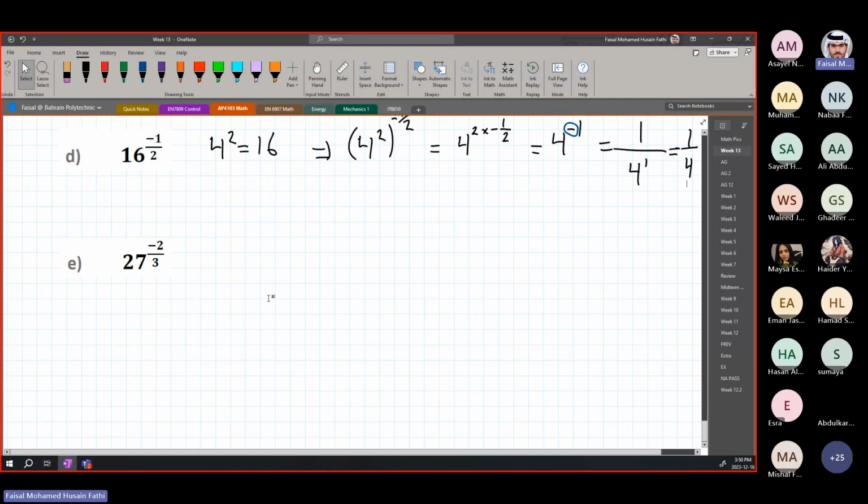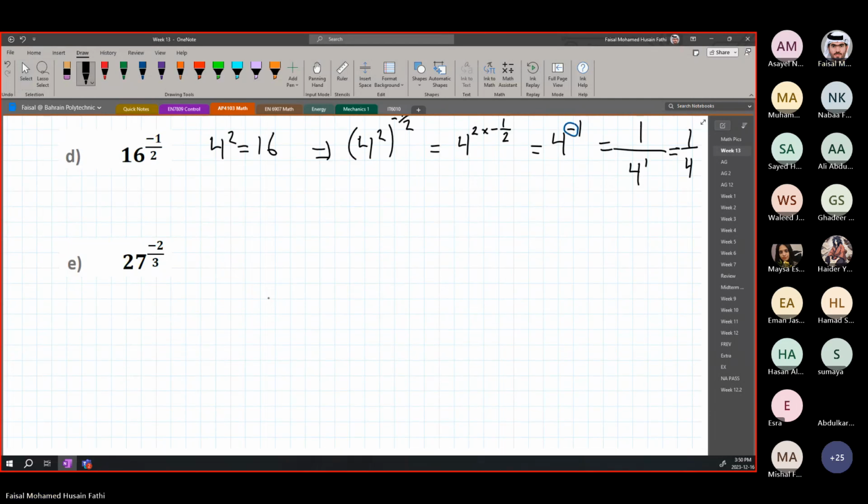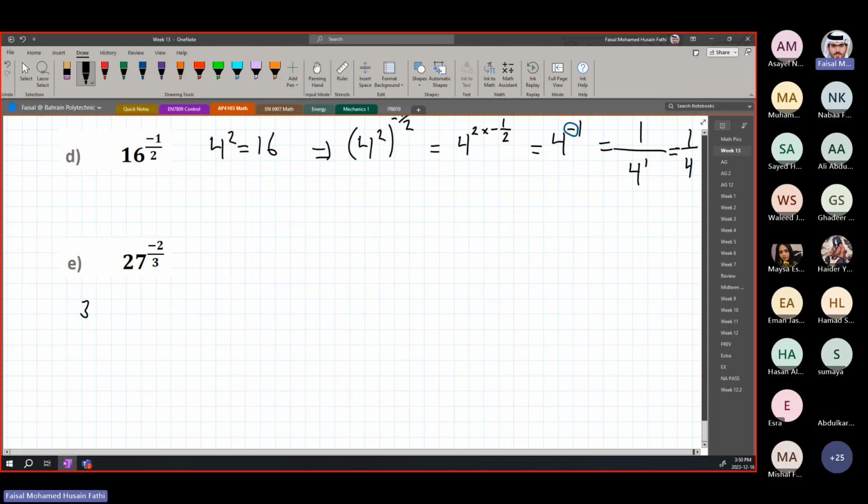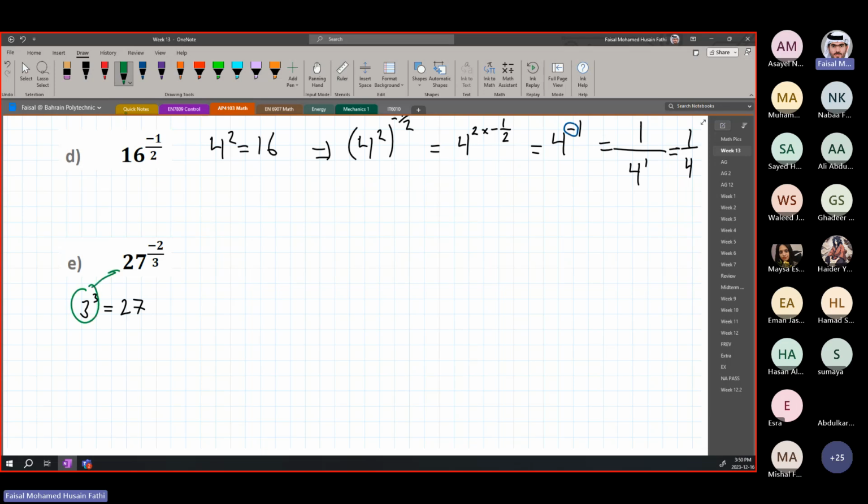Okay, now, 27 to the power of minus 2 over 3. What is 27? Remember, 3 cubed is equal to 27. Right? So we could just substitute this into 27.